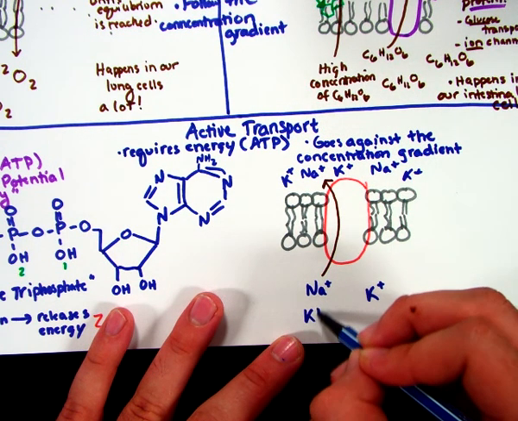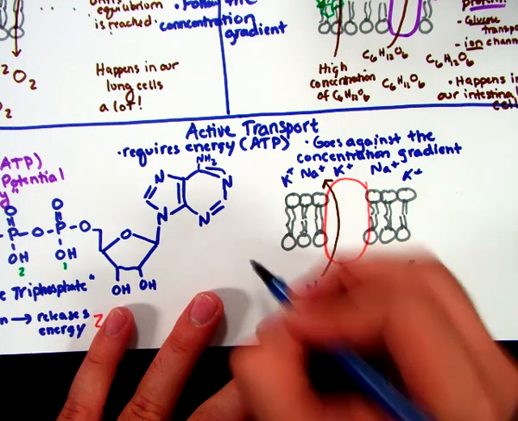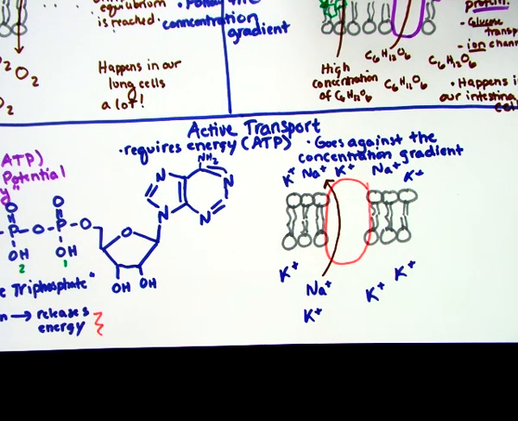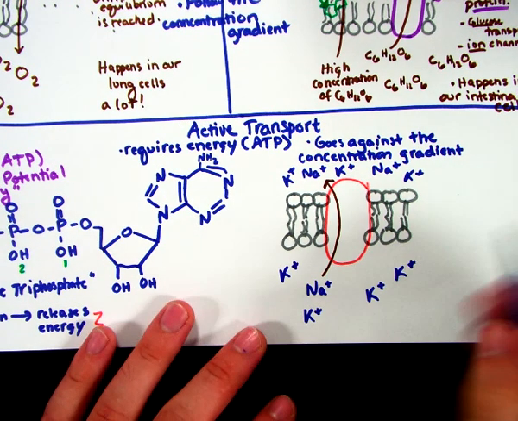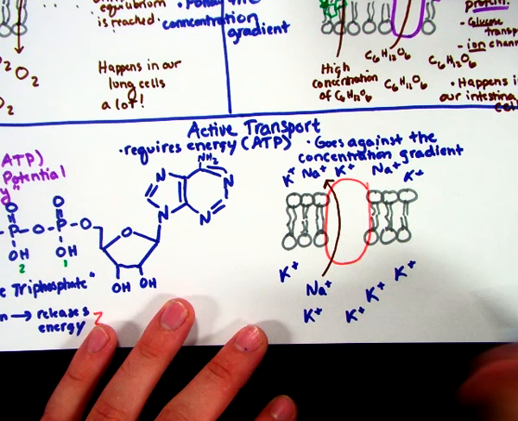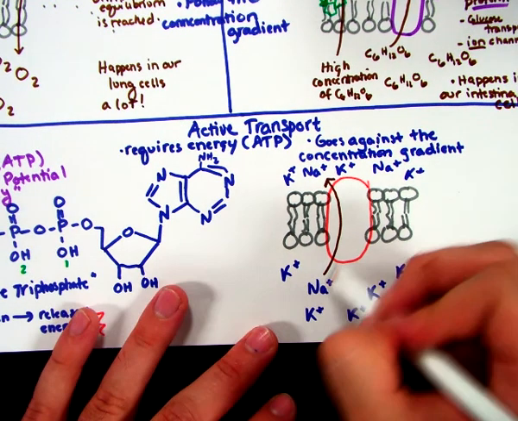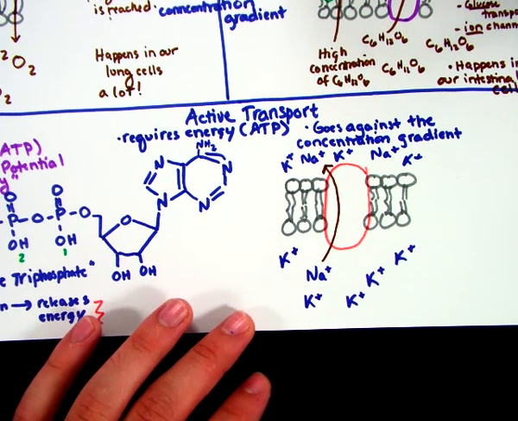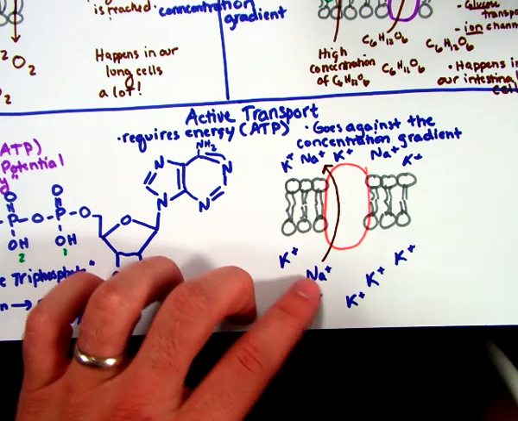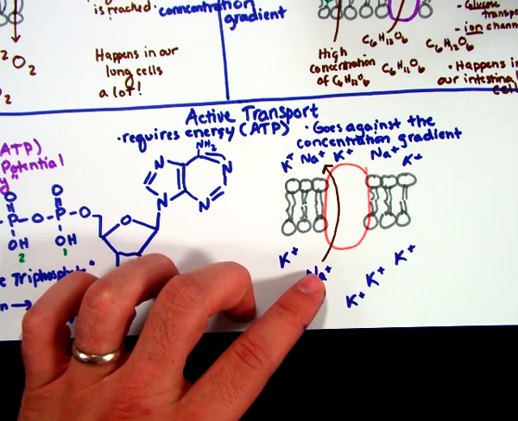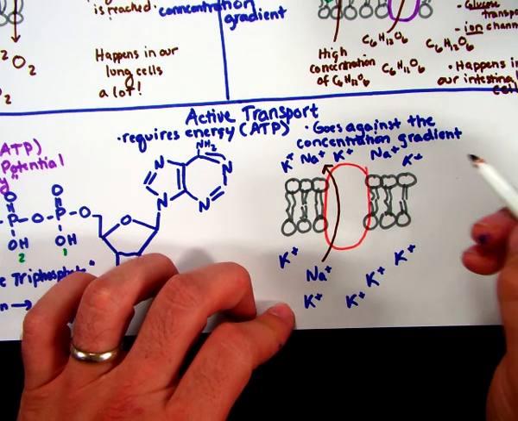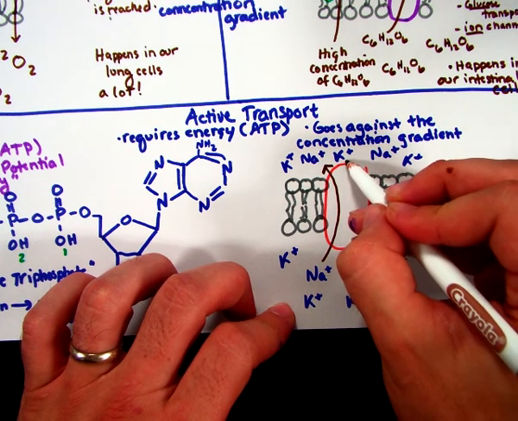I'm going to add some more potassiums down here. Okay, so sodium is being pushed against its concentration gradient, right? It's going from low concentration of sodium to high concentration of sodium. Potassium is going to go the other direction.